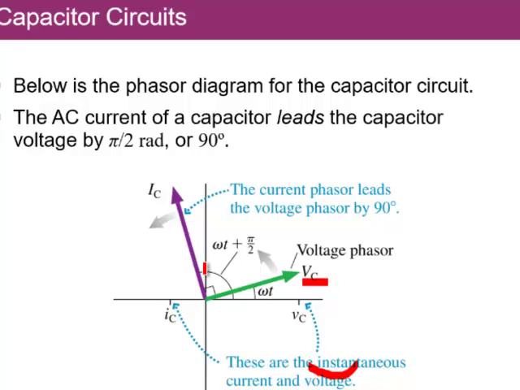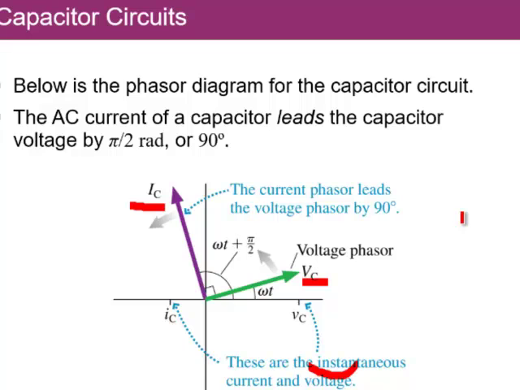We have to add another pi over 2, and that gives us this angle. And so, again, the instantaneous value of this vector here is going to be somewhere on the horizontal axis. But the important thing here is that the current and the voltage are no longer in sync. And in this particular case, for the capacitor, the current is ahead of the voltage.